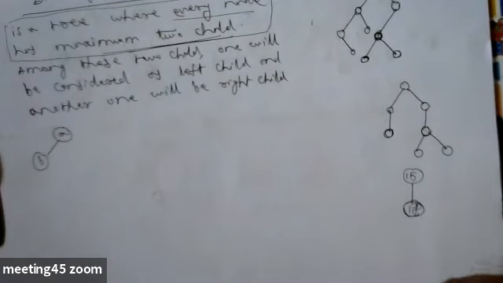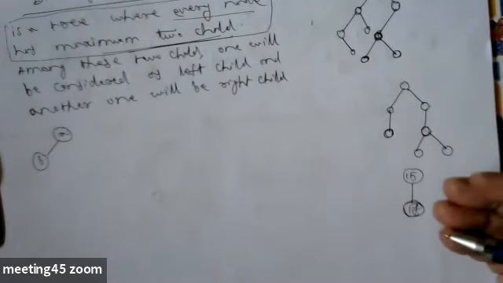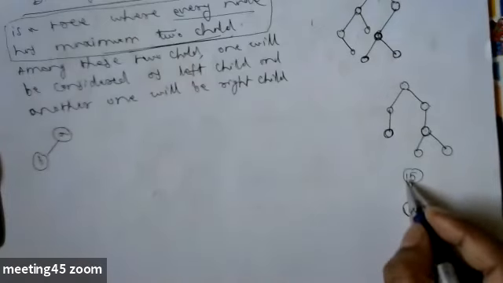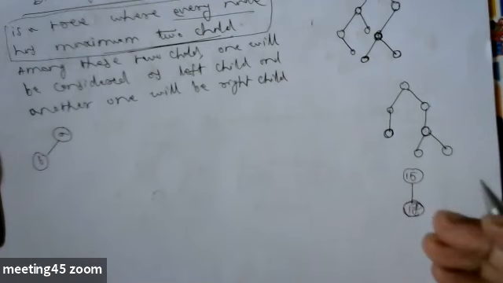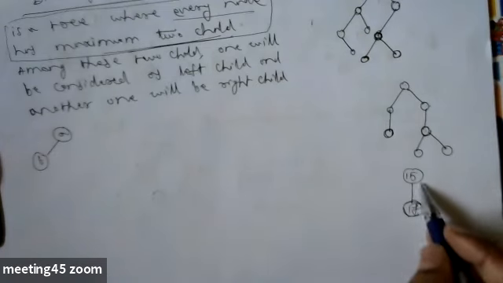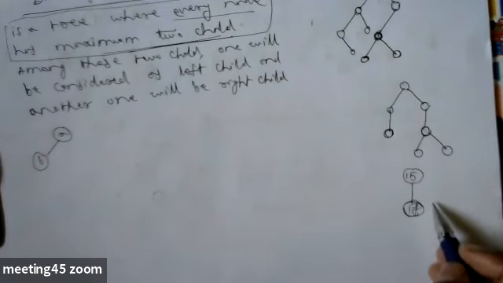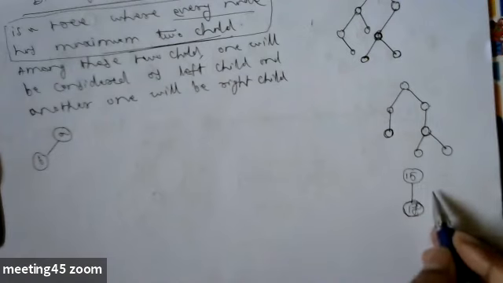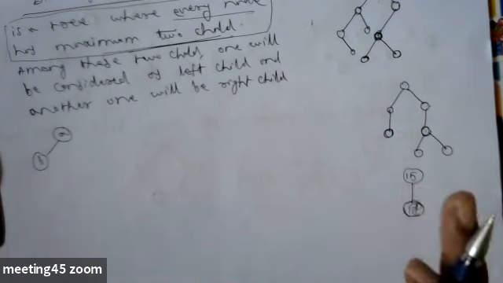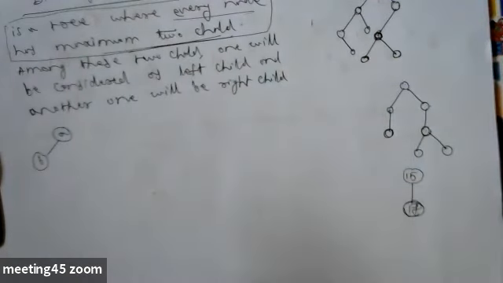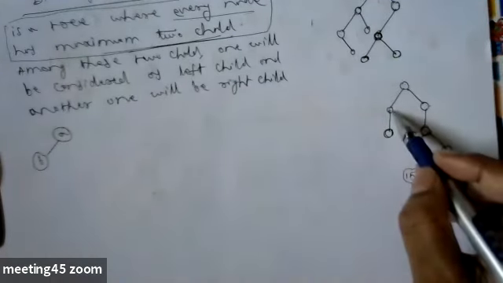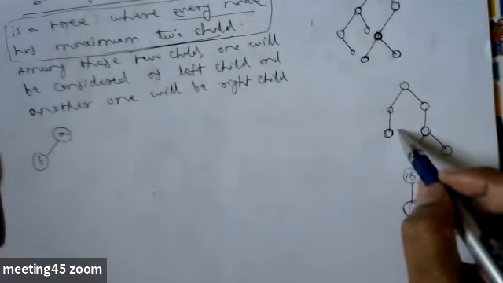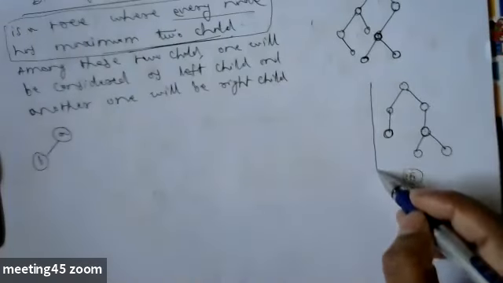The user has to define which side to connect, because I cannot just say so. Since 17 is greater, the user may consider connecting it at the left, but you may think it has to be connected only at the right-hand side. So that's why they say it has to be specifically mentioned whether it is a left child or a right child. That is one point. The second point is that if a child's particular side is not mentioned, then it is also called a general tree.